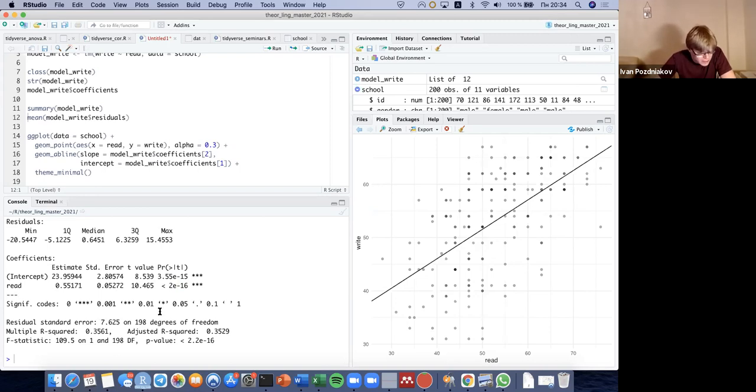But in simple linear regression, it's even simpler. We have one line, we have x and y, and we have just one coefficient for the line. And the p-value here will be the same as the p-value for the whole model.